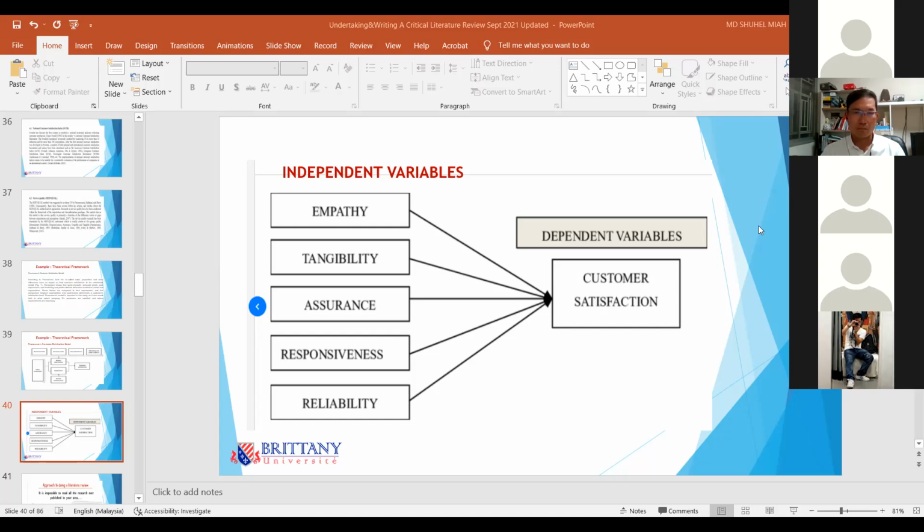Same for hypothesis two: tangibility has a direct, positive and significant relationship with customer satisfaction, or tangibility doesn't have any relationship with customer satisfaction. This is how you develop hypotheses 1, 2, 3, 4, 5.